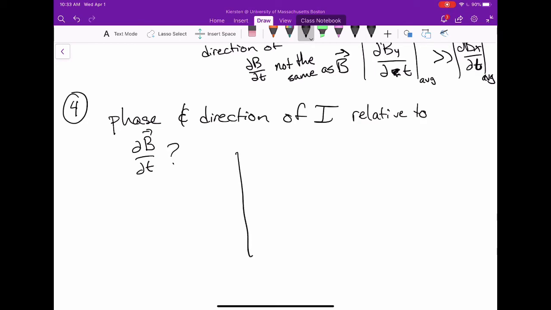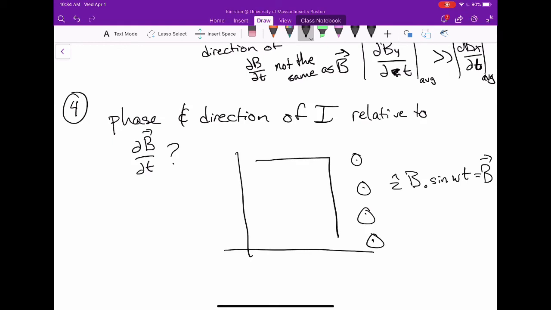Now, if you remember our initial drawing, we had the magnetic field being z-directed, which means that's pointing out of the board. I'm not going to draw it everywhere because I need to draw this loop. And the time derivative of the magnetic field is also z-directed, but it's got a different amplitude and phase.